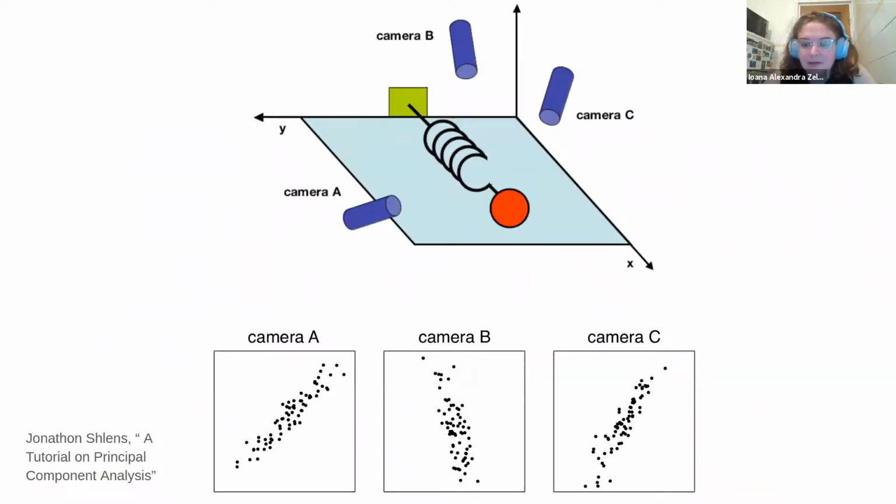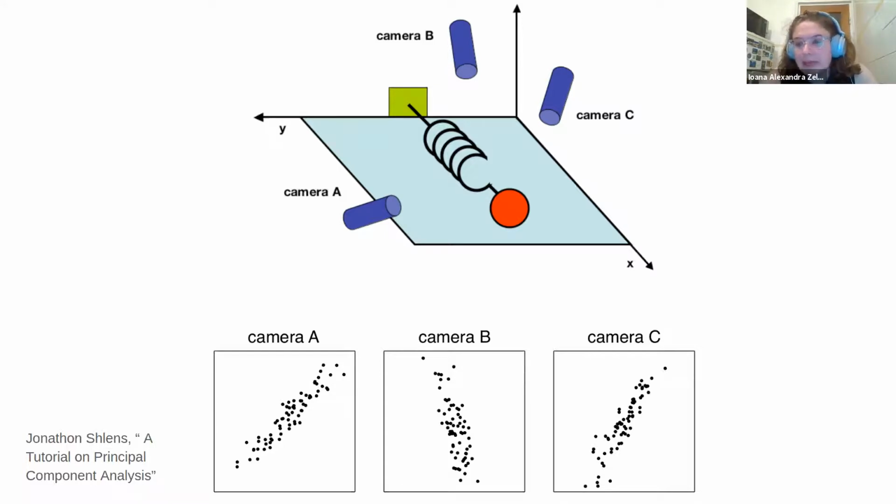Just as a very brief tutorial, if we had a spring with a ball moving on it, and we wanted to find out what physical law describes this, and we put 3 cameras on the system, and we record this ball moving up and down as the spring is moving.